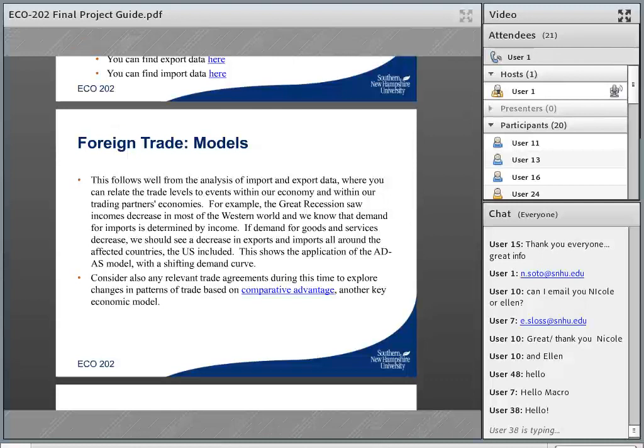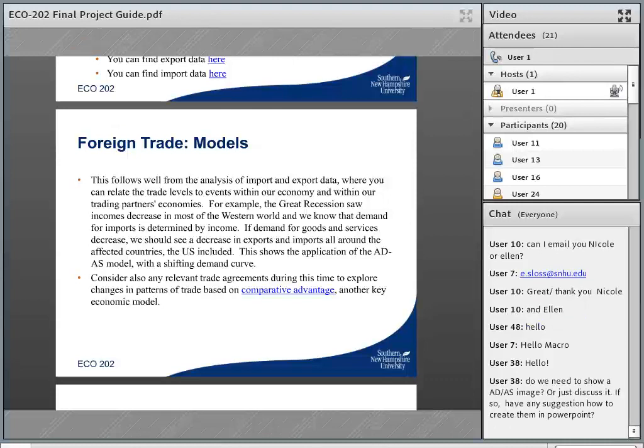So you can talk about those policies as well, and how reductions in trade barriers, like reductions in quotas or reductions in tariffs, might have impacted trade in your time period. So those are a few of the things you can do here to discuss and satisfy foreign trade models.